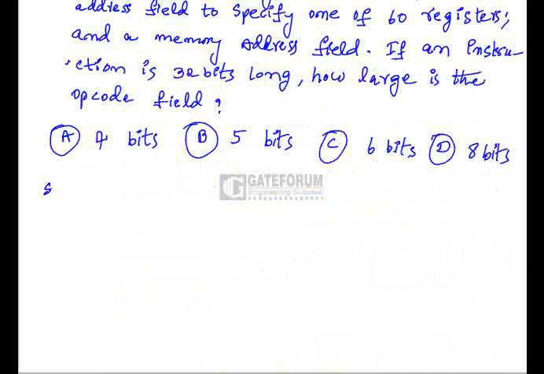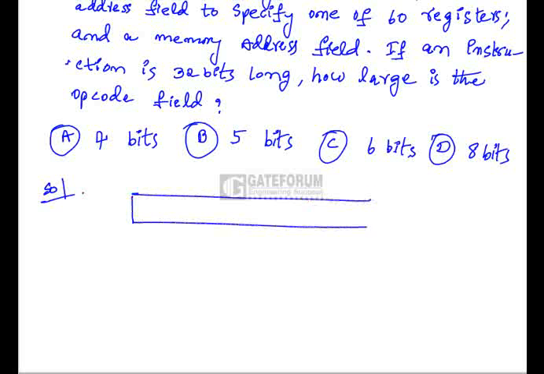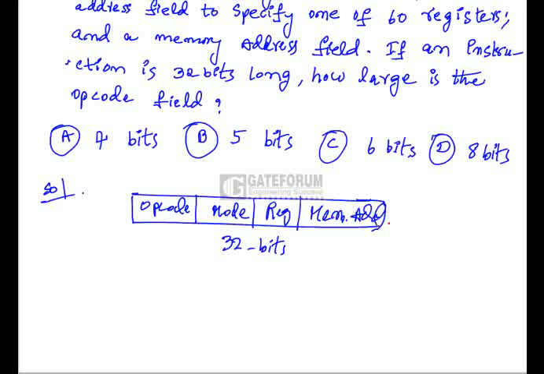Here the instruction size is given as 32 bits. In these 32 bits we have 4 parts. One is the opcode part, followed by the mode part to specify one of the 7 addressing modes, the register part to specify one among the 60 registers, and the last one, the memory address field.